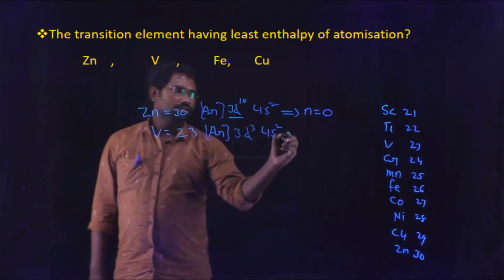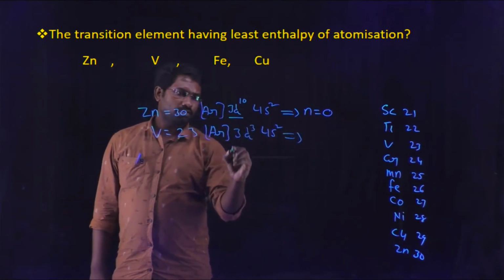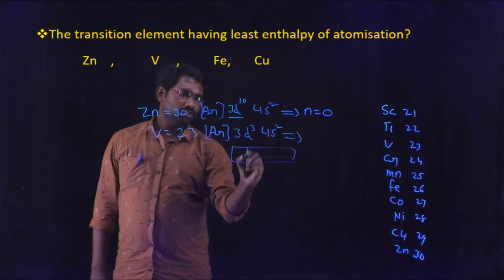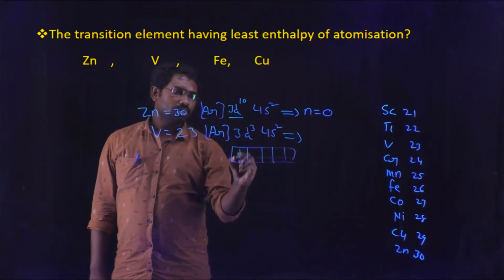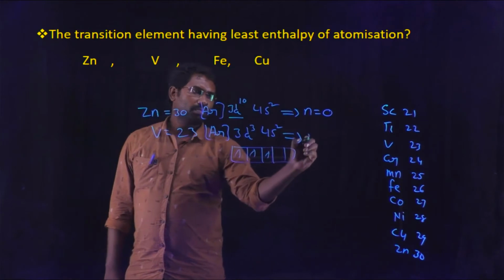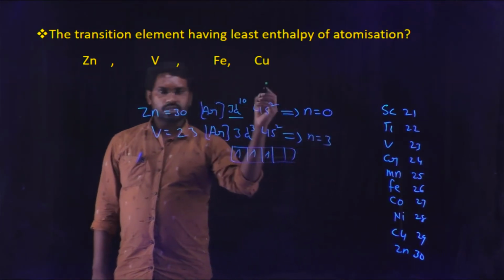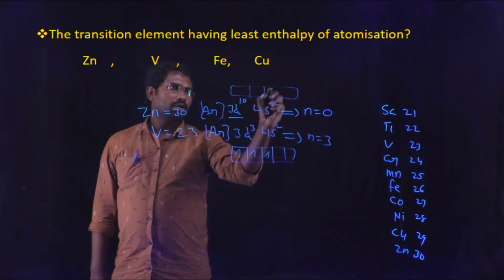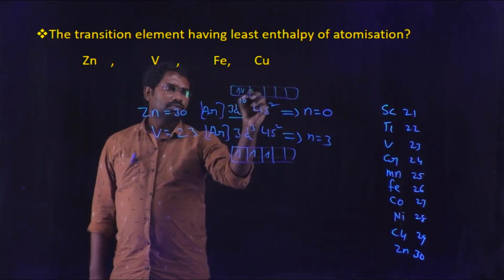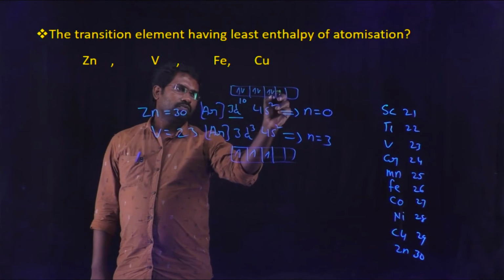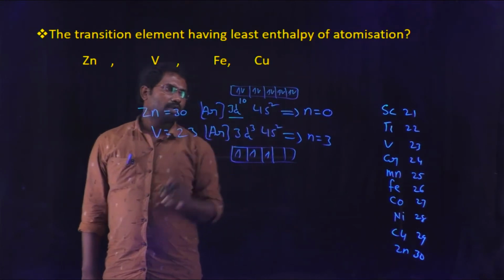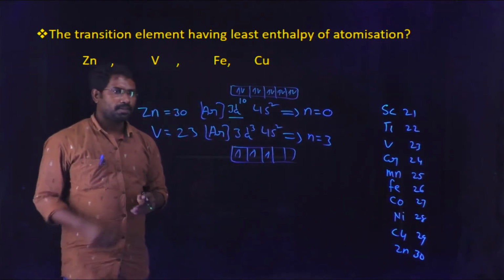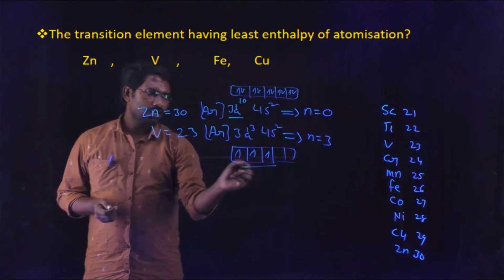So how many unpaired electrons are present? 3d3 means the number of unpaired electrons is 3. So in zinc, 3d10 is a completely filled configuration and the number of unpaired electrons is 0, whereas in vanadium the number of unpaired electrons is 3.